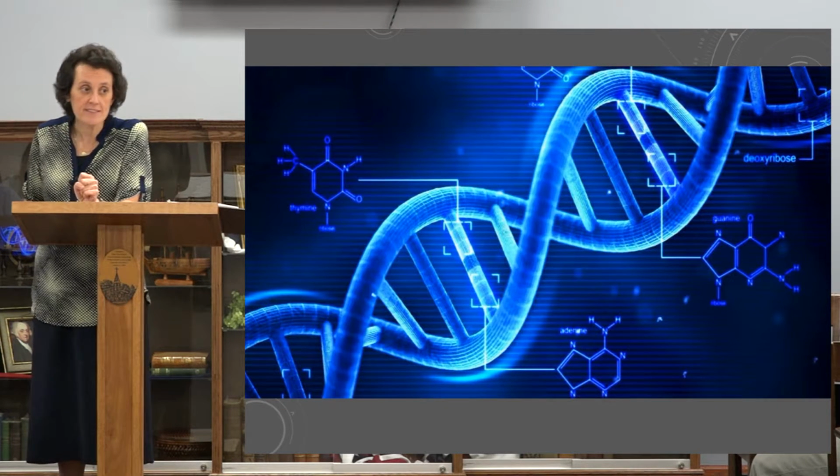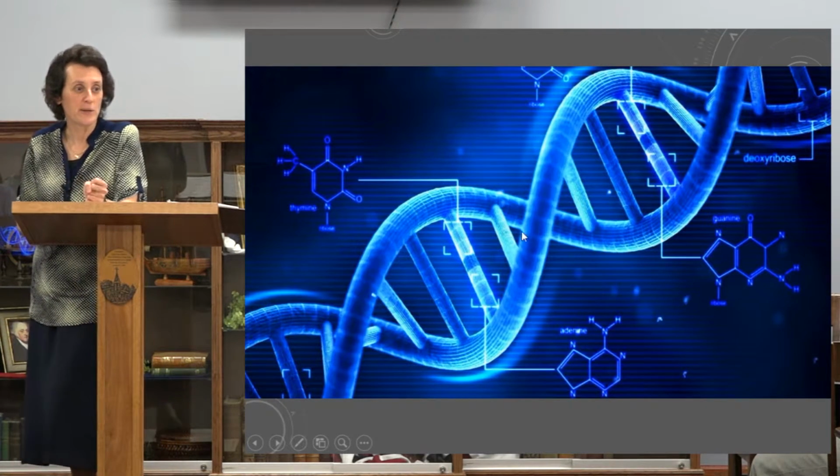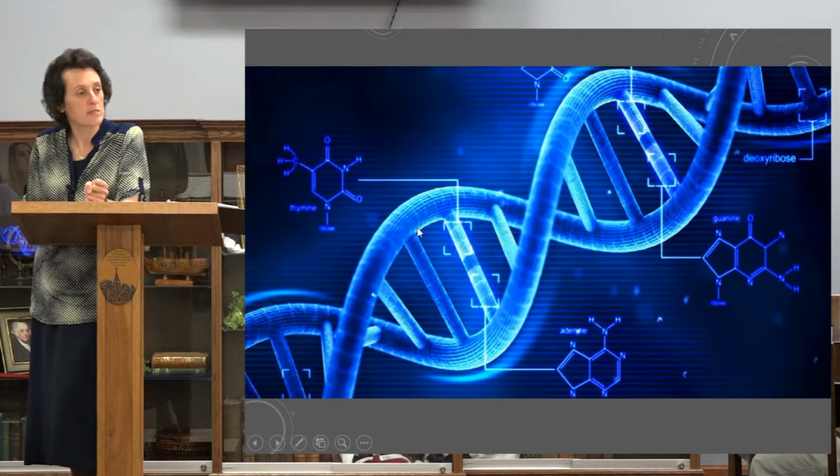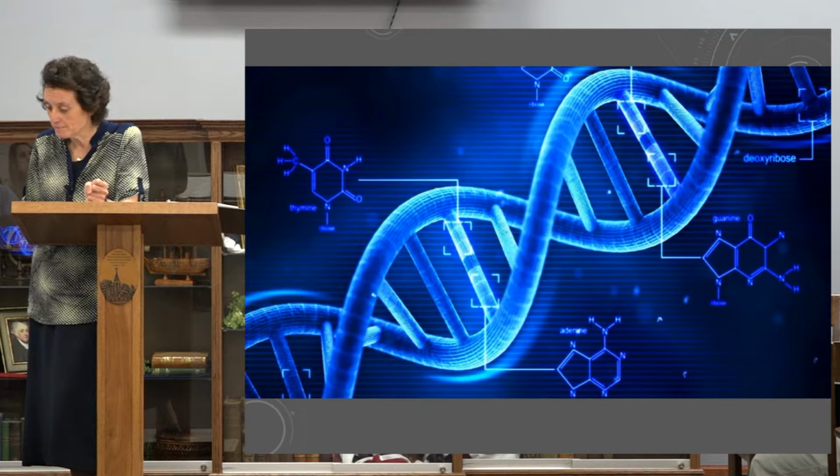Okay, here it is in a little prettier picture. You can see overall we have the double helix, which is the twisted ladder. This is the backbone, and then right here, the rungs of the ladder. This molecule right here is diagrammed for you here.